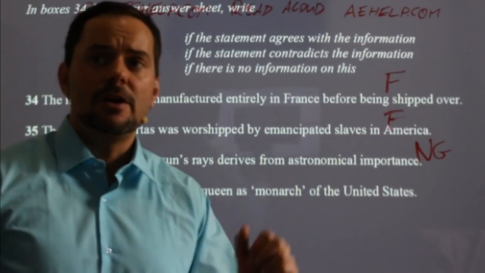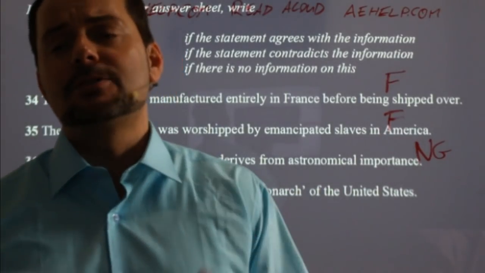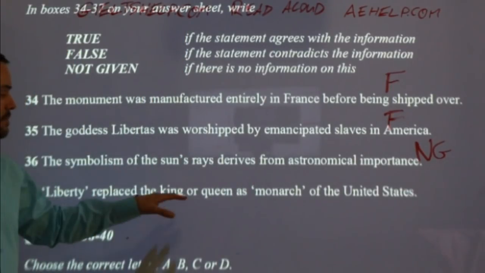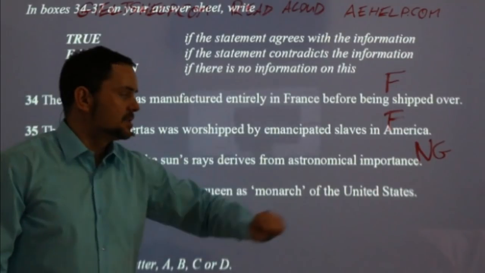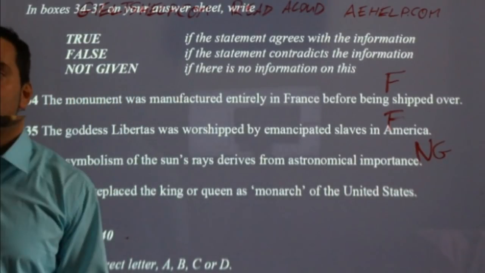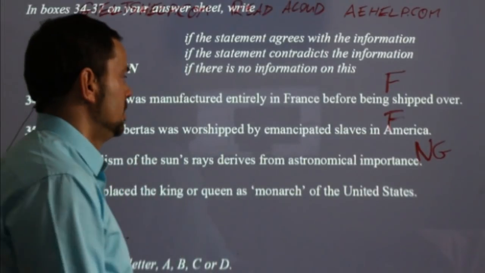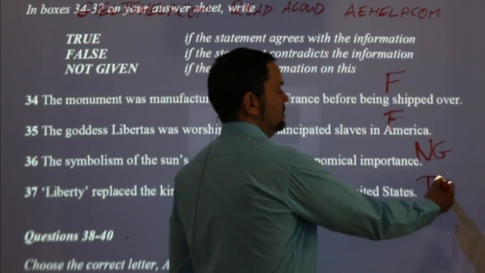Yes, it is. Farhan, Amin, Rekha, good. Is it true that liberty replaced kings and queens as monarchs of the United States? Absolutely it is. The conclusion tells us so. So true it is.